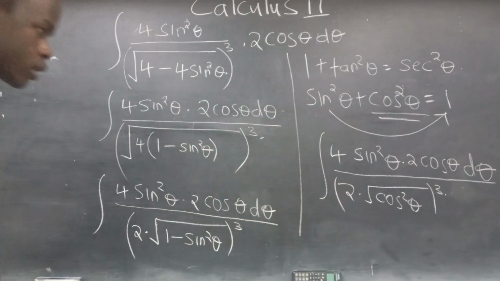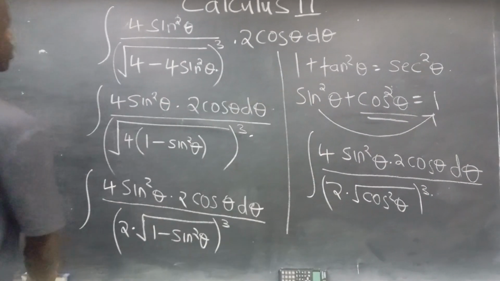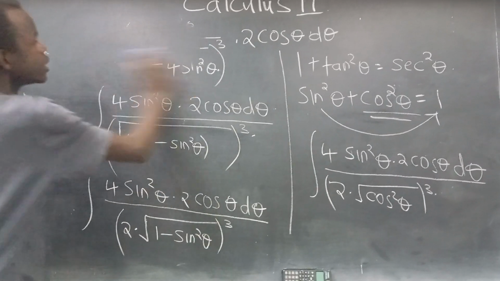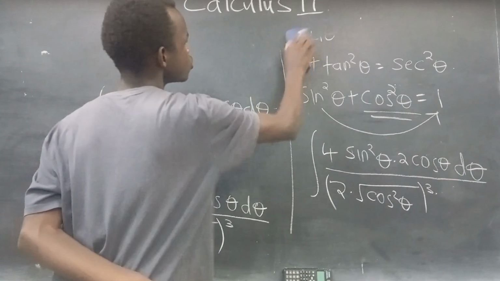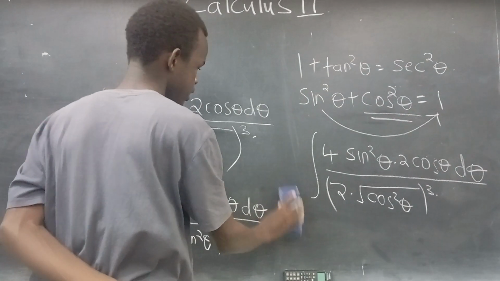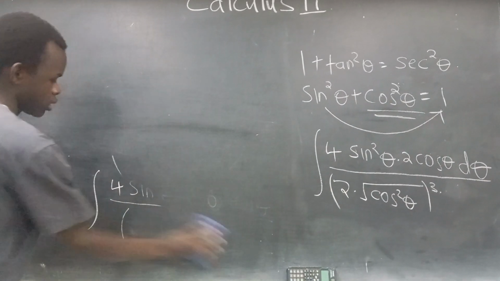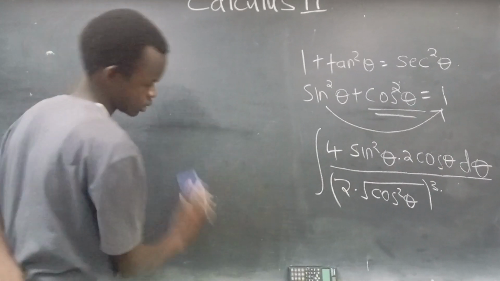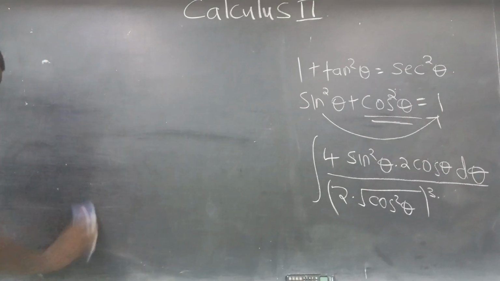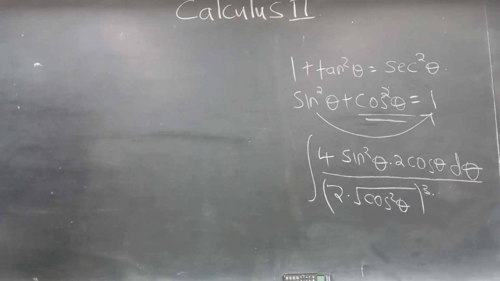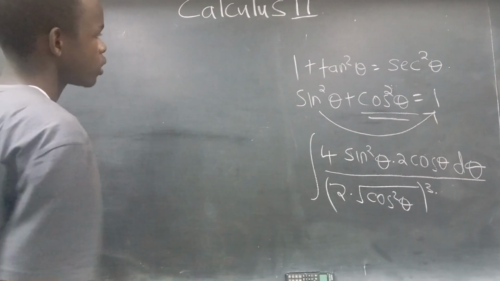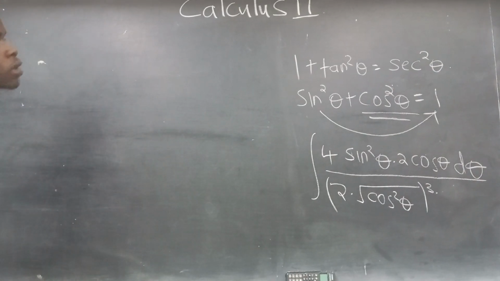So from there, let me clear here. As you can see, the process is just procedural, and it's simple using the concepts of trigonometric substitution. You can check out my video, I have given out all the formulas on trigonometric substitution.